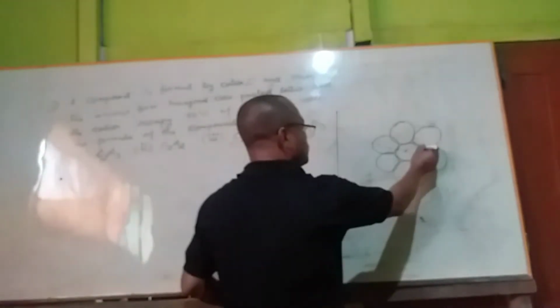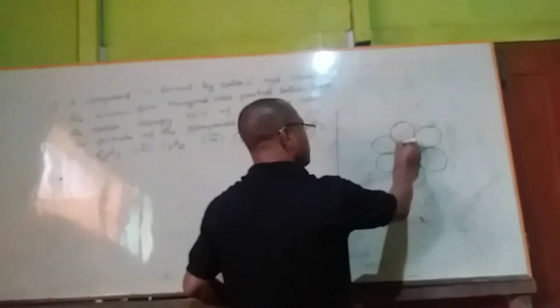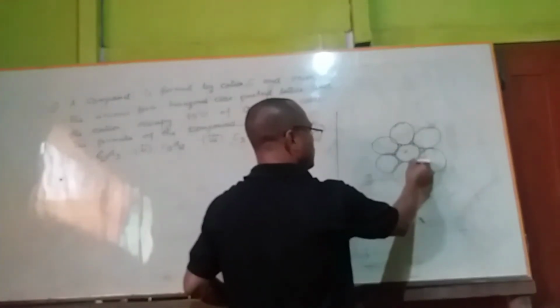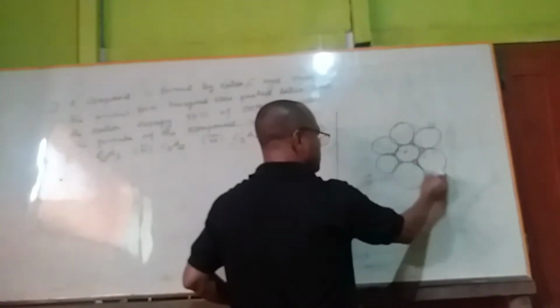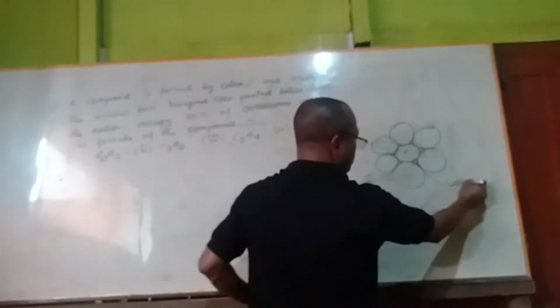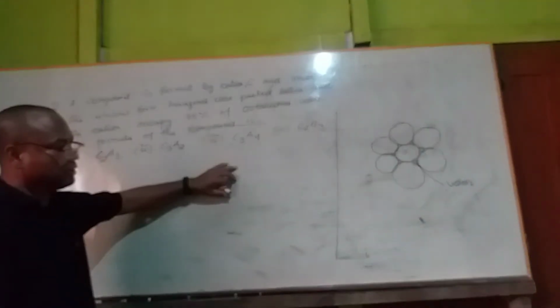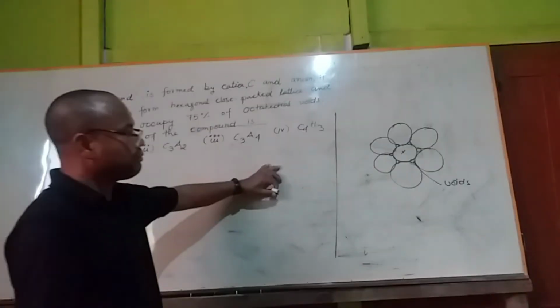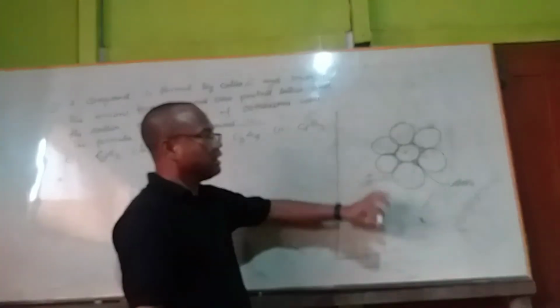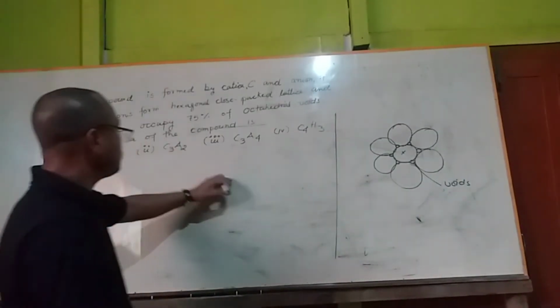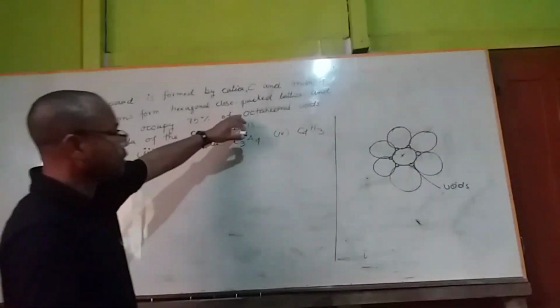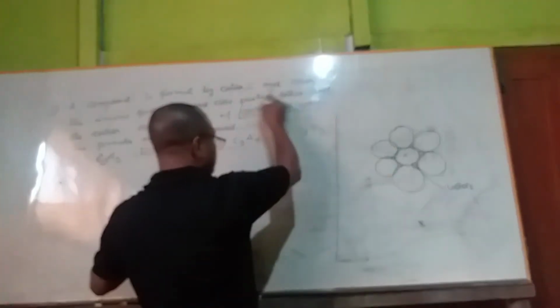The empty space left between these closely packed atoms is what we normally call a void. In the close packed structure, two types of voids are present: one is the octahedral void, the other is the tetrahedral void. In this question, it is only the octahedral void.